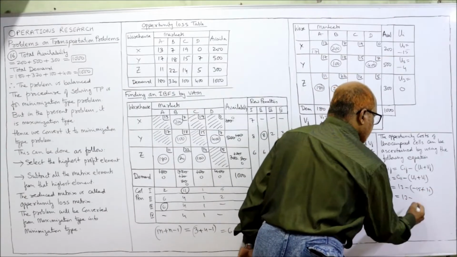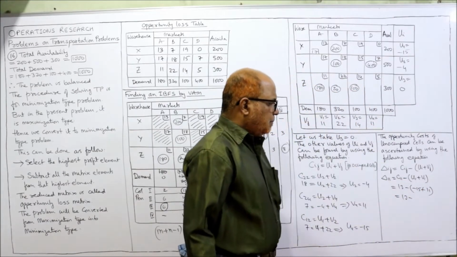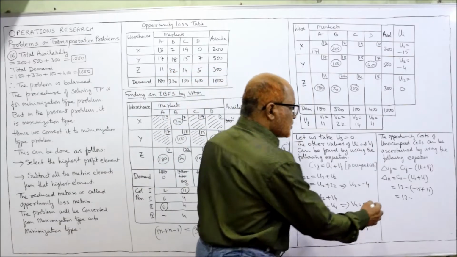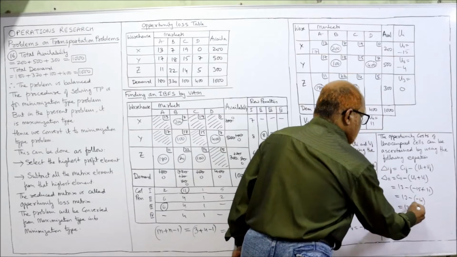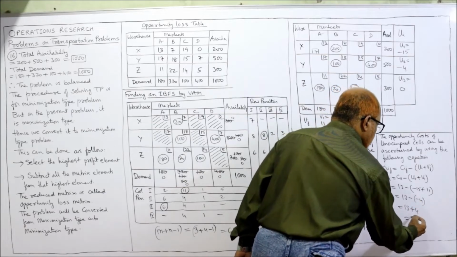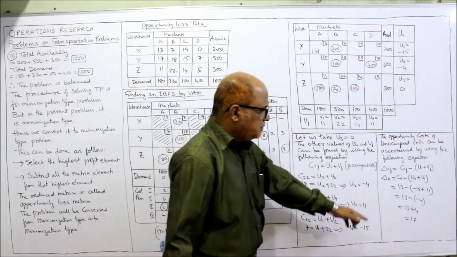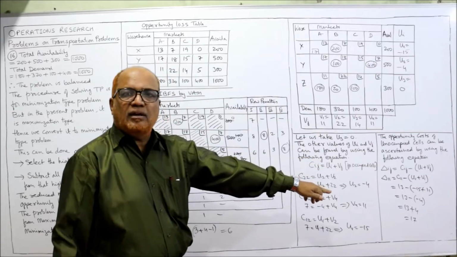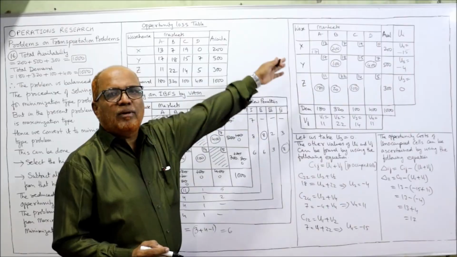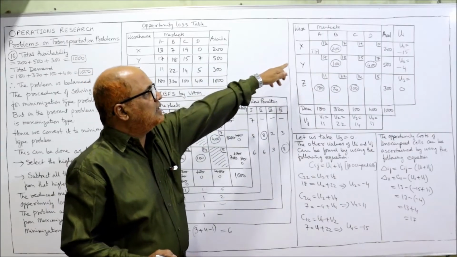So 13 minus (minus 15 plus 11), you will get minus 4 in the bracket. Minus into minus will become plus. So 13 plus 4 is 17. So by substituting the values we are getting 17. Without applying the formula, directly we can take it here as 17.